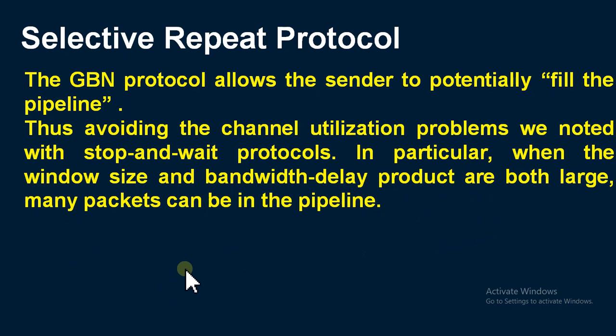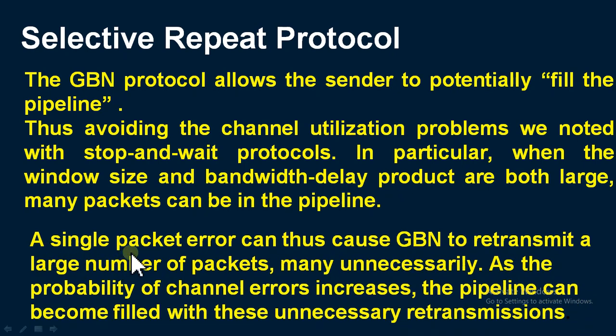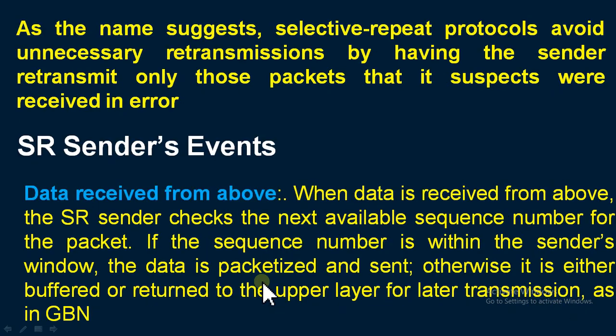That is, a huge number of bits will be available in the pipeline for no reason, because these bits represent duplicate packets. A single packet error can thus cause GBN to retransmit a large number of packets, many unnecessarily. As the probability of channel errors increases, the pipeline can become filled with these unnecessary retransmissions.